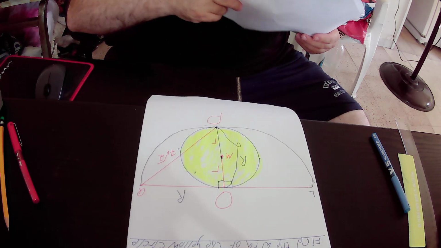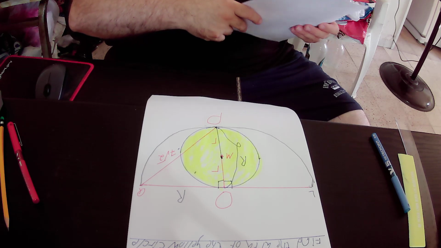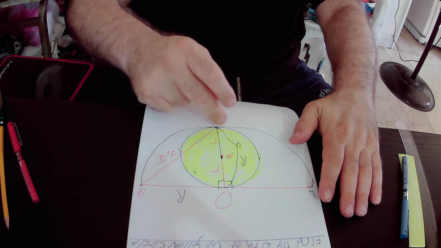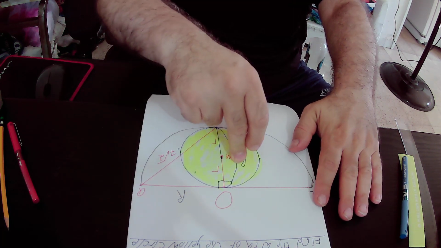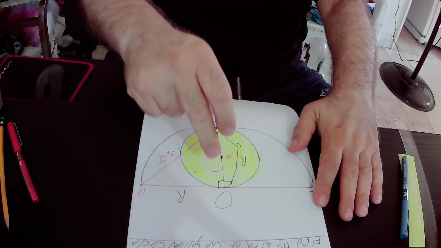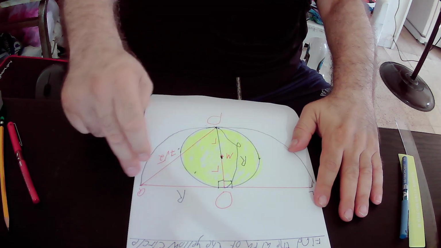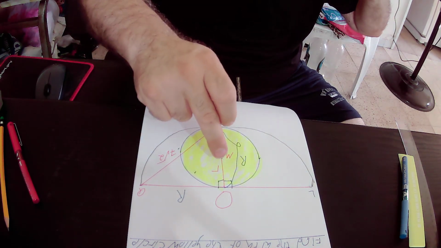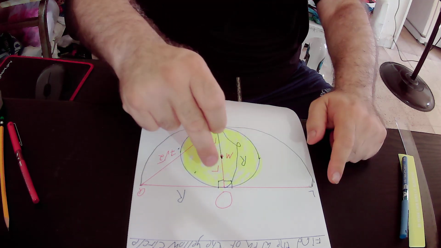And actually, OP is the radius of the semicircle. We defined this as capital R, and for the same reason OQ is also the radius of the semicircle, because it starts from the center of the semicircle.